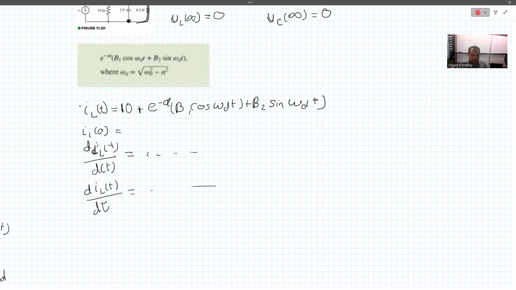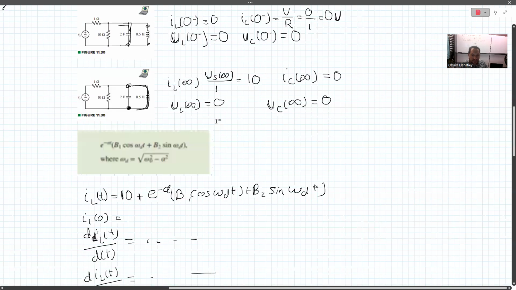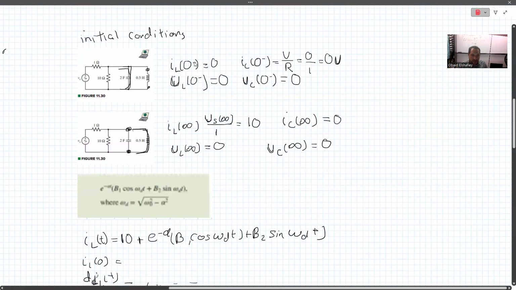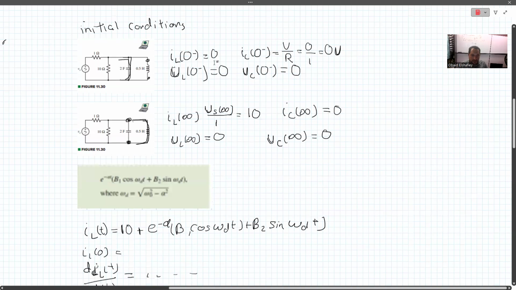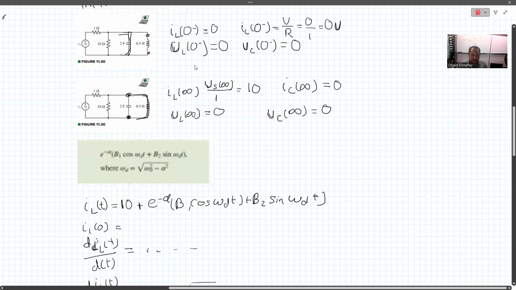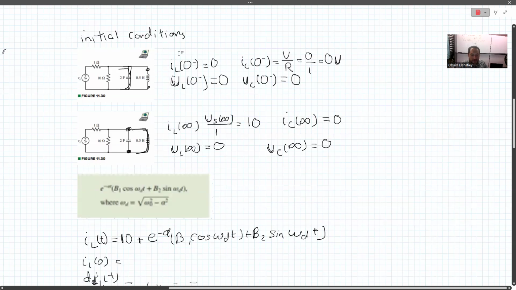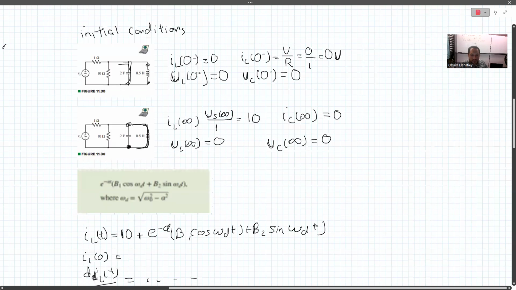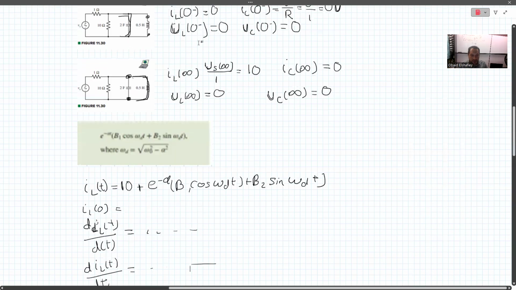We know IL of 0 is 0, because current cannot change drastically from 0 negative to 0 positive. So IL(0) is 0 as well.